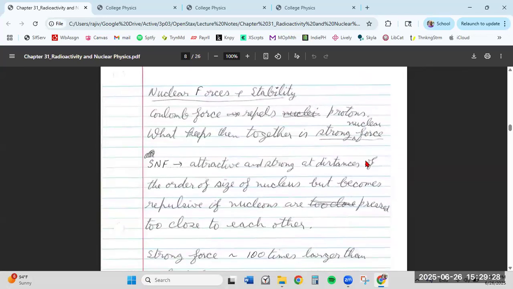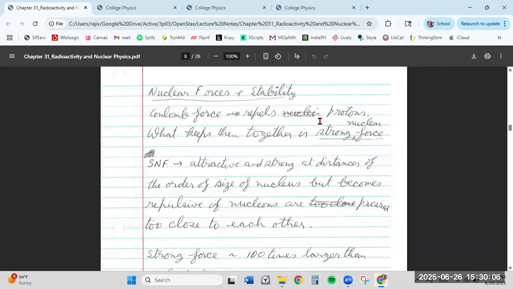Now, if you think about the nucleus, in a small, tiny space you have a bunch of positively charged particles, the protons, and then a bunch of electrically neutral particles, the neutrons. And we know that if you have all these positive particles inside the nucleus, there must be a Coulomb force of repulsion pushing these protons away from each other.